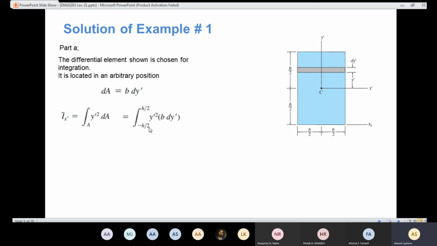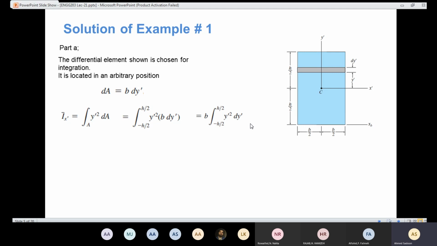So the integration limits are important here. And instead of dA, I'm going to put b dy hat. So now everything is good, because I have y and I have dy, and the value of b is constant. I can take it out of the integral since the value of b is constant.